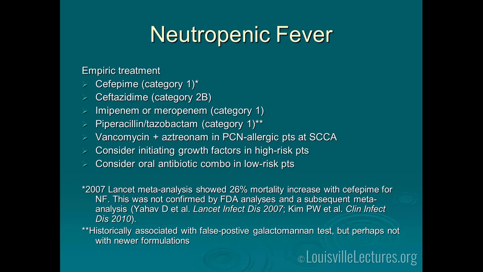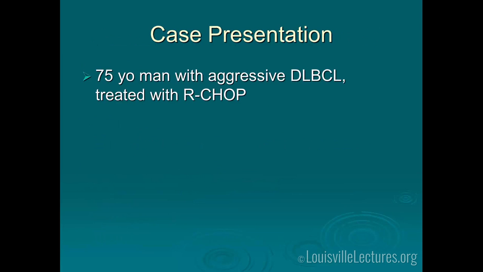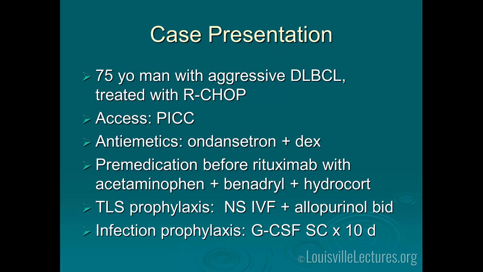And if they're penicillin allergic, vancomycin is the way you can go. So I don't want to take too much more time, but for this gentleman who got R-CHOP, for his infection prophylaxis with R-CHOP, which has a reasonably high rate of neutropenic fever, I gave him G-CSF subcutaneous, and he did it the old-fashioned way with self-injection.